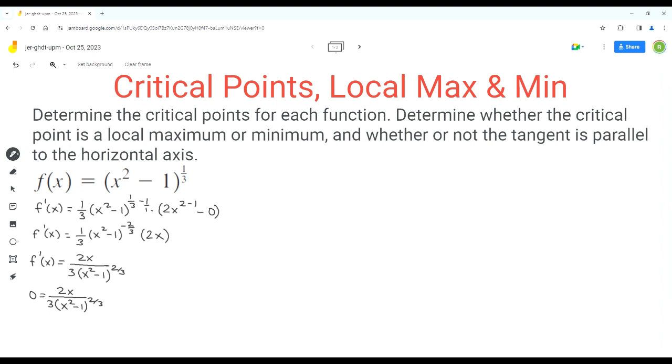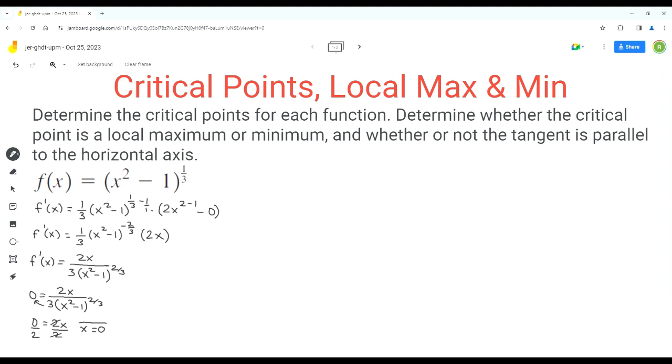Now we can cross multiply the denominator because we have to solve for x. So 0 times any term will be equal to 0. So we get 0 equals 2x. And now we can divide both sides by 2 to isolate x. So the 2's will go away. So we are left with just x equals 0.